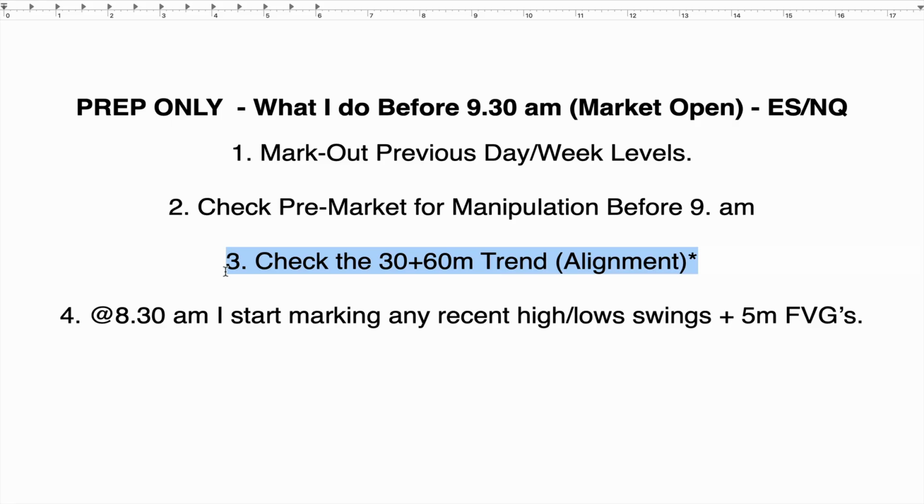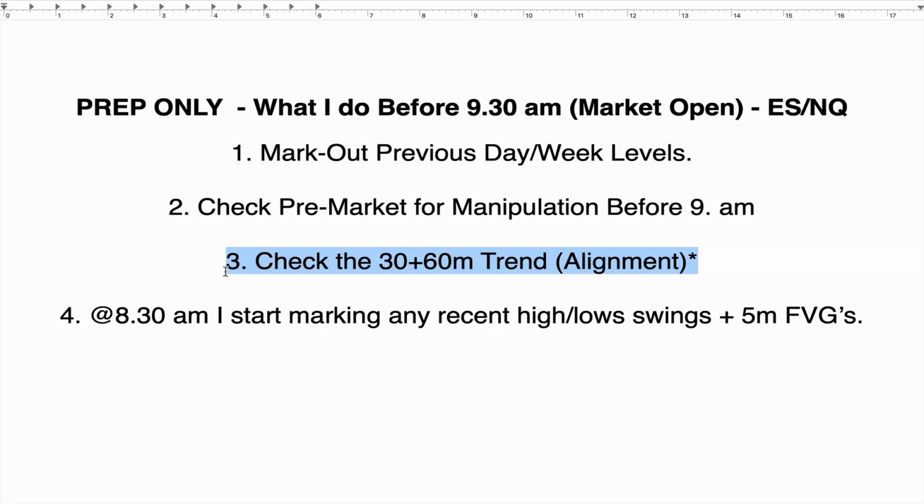I'm not going to go too deep into this, but basically, I have a tool that can view all the time frames all at once, and it'll look at X number of bars. So in my case, I look at between 25 and 30 bars. And what I want to see is, are they all trending in the same direction? Specifically the 30 minutes and the 1 hour, okay, because I trade off the 5 minutes.